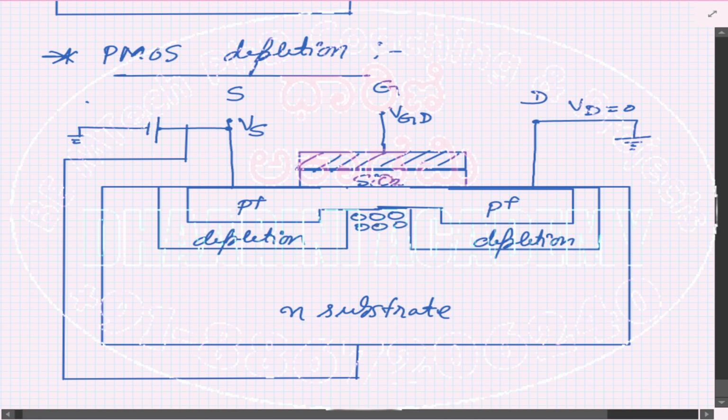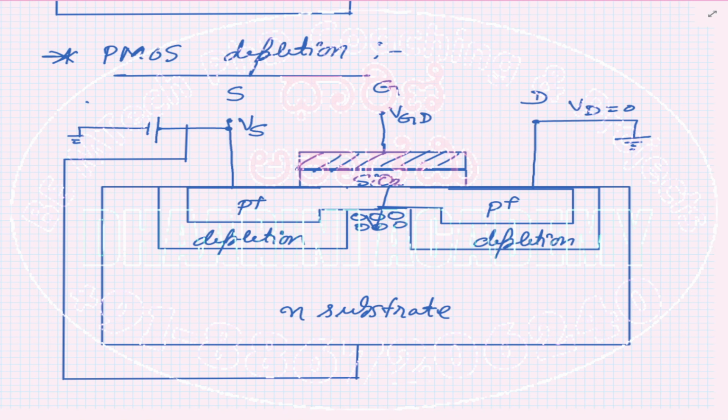Which means you can see that now the width of your channel is increased. I can further increase the channel like I did in the NMOS depletion by increasing the voltage over there. When you increase the voltage, width was increasing. Here you reduce the VGD to increase the width of the channel. That is the only difference between the PMOS depletion and NMOS depletion.